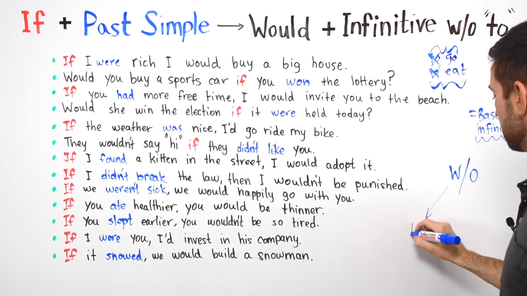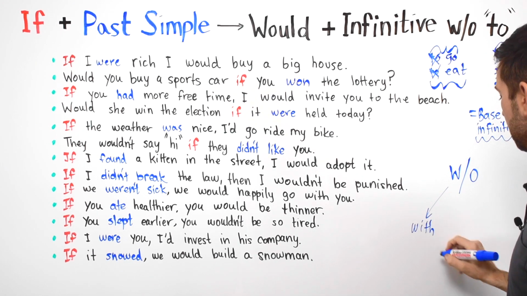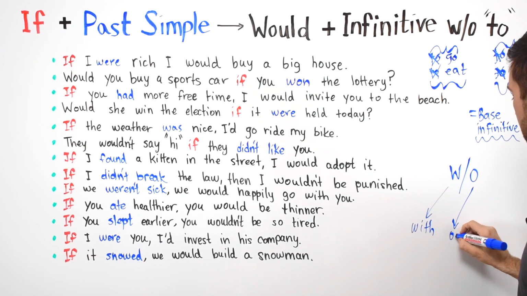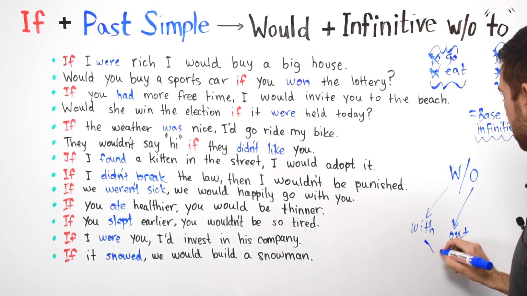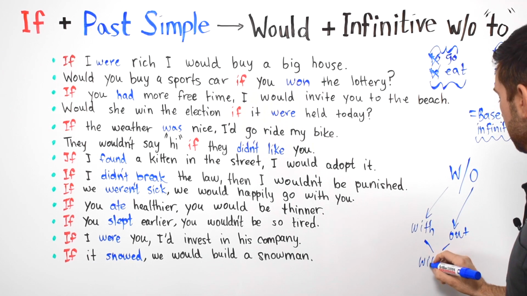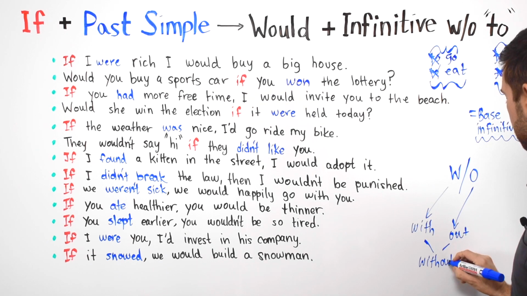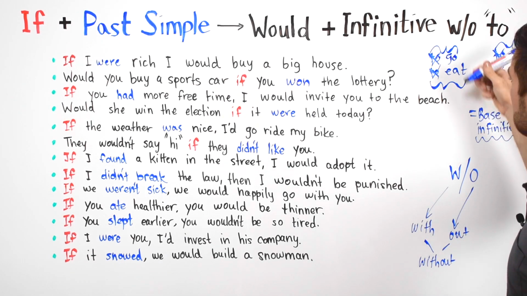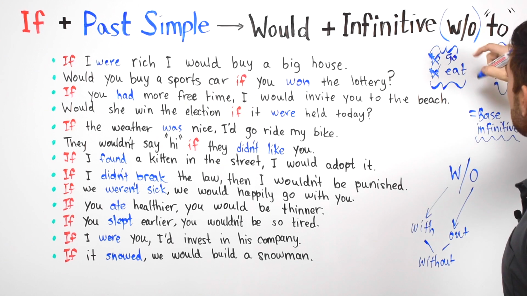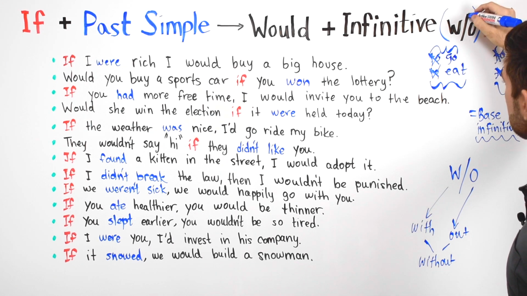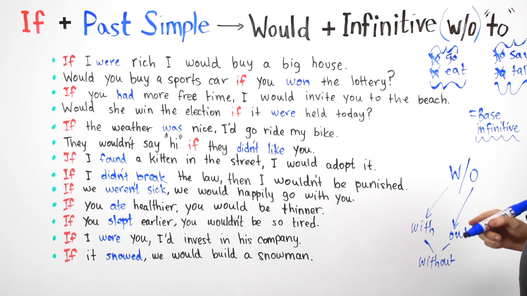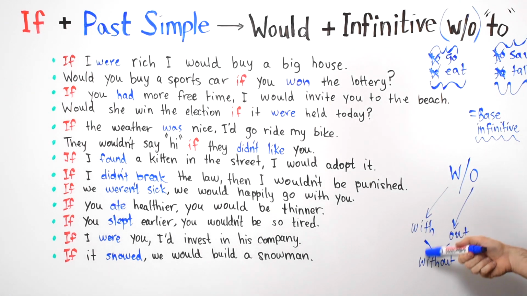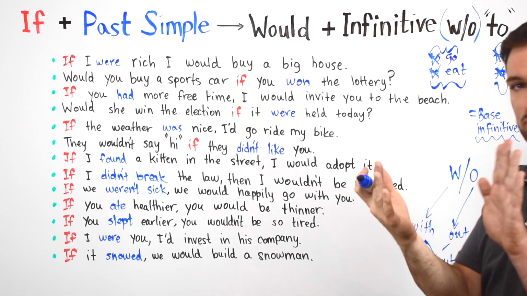This right here means with, and this right here means out. So when you put them together, it becomes without. And sometimes English speakers, we write W/O with a slash right here. See how we have that slash? We do that to write the word without when we want to make it short.